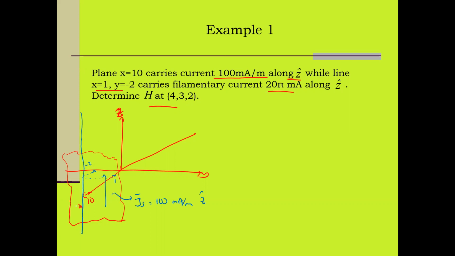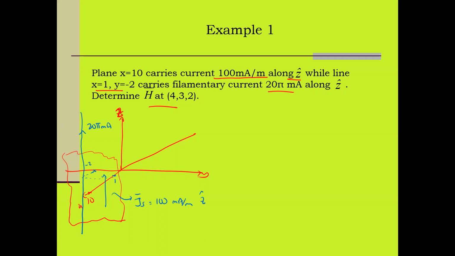That should be your filament current, which is said to carry 20 pi milliampere along the z direction. So your current should be in this direction, 20 pi milliampere in the positive z direction.